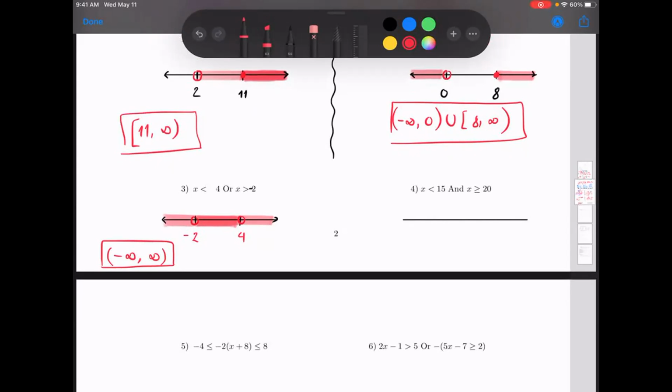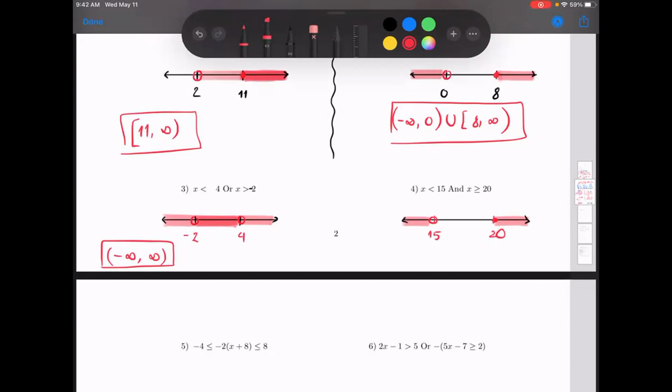That's why I say it's special, but it uses the same principle. What about number 4? I've got 15 here and I've got 20. So X is less than 15, hollow at 15, and then solid at 20. Less than, so negative infinity up to 15, and then greater than or equal to 20, so from 20 to the right. It is an and, so you want an intersection.